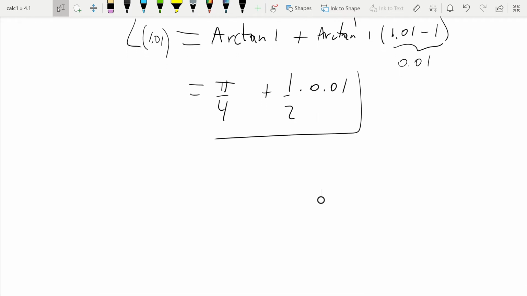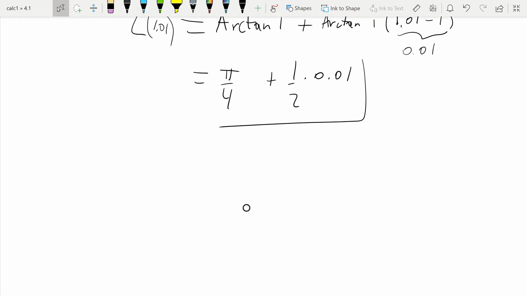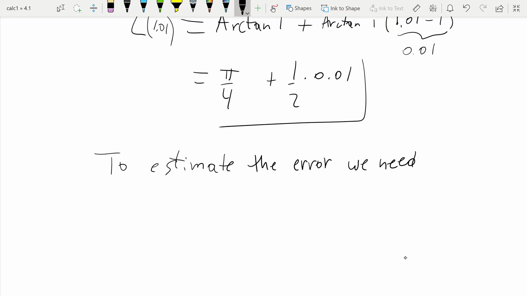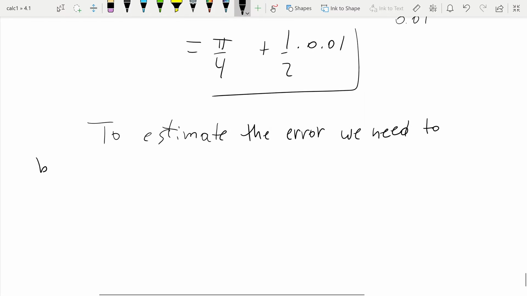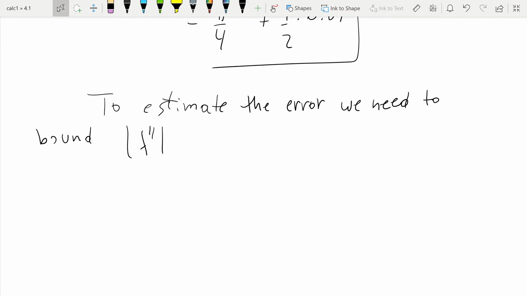And to estimate the error, we need to bound the absolute value of f double prime, at least between 1 and 1.01.